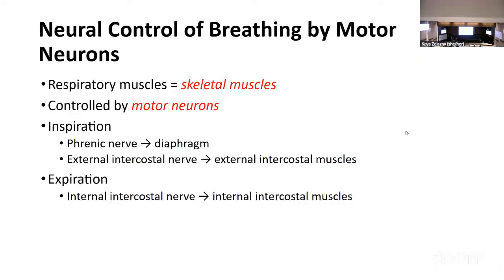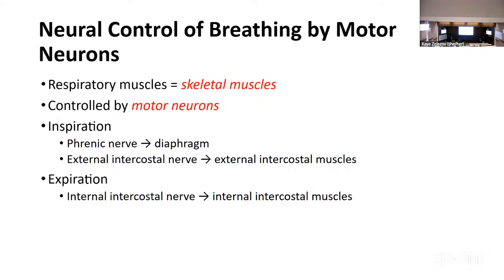Okay. So we'll start with the part that's through normal somatic motor neurons. So like named nerves going to skeletal muscle that you might see in lab, right? So our respiratory muscles are skeletal muscles. You have seen them hopefully by this point. So we're thinking our diaphragm, and we're thinking our various intercostal muscles between our ribs.